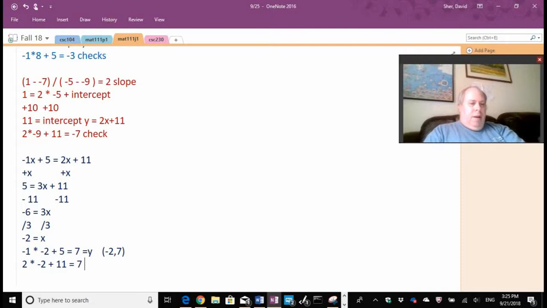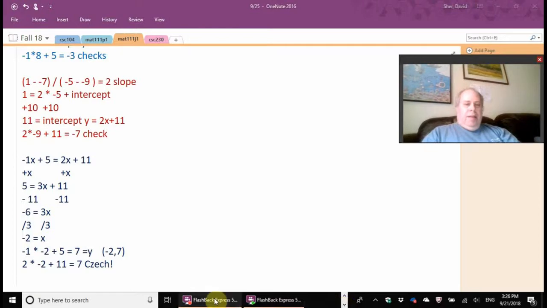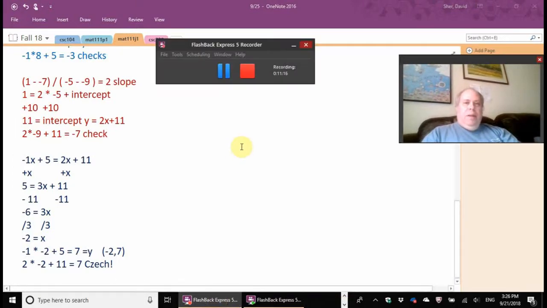And if I did this right, I also get 7. So that's a nice big check. And that shows that I got my intersection right. So that is the solution to this math problem. So, the same as graphically. If you get different answers algebraically and graphically, you're doing it wrong.